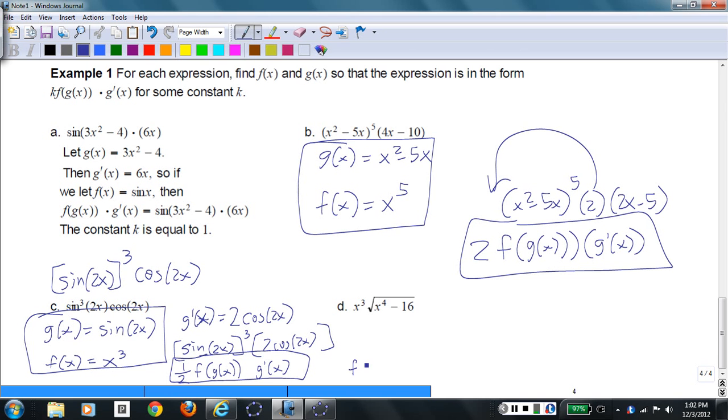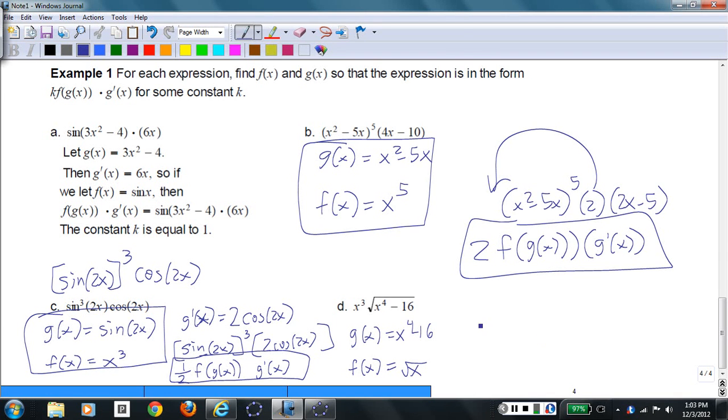Outside function, I want to say it's the square root function. And the inside function is what we're taking the square root of, x to the 4th minus 16.